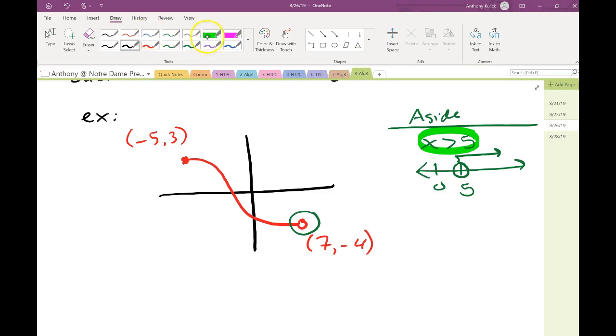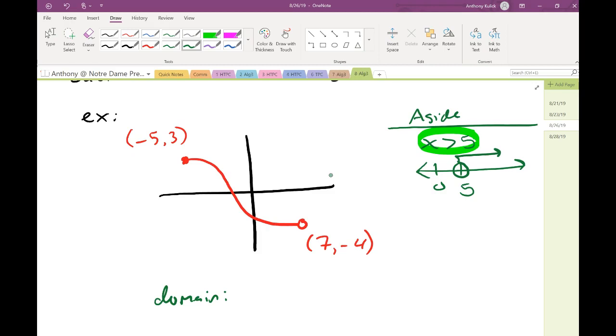All right. So let's write down our domains and ranges here. When looking at a relation that's described with a graph, when I'm doing the domain, I want to start on the left side of the graph and then move to the right. So what's the first point I encounter on the left? (-5, 3), right? Everybody agree with that? So the domain is the x's.